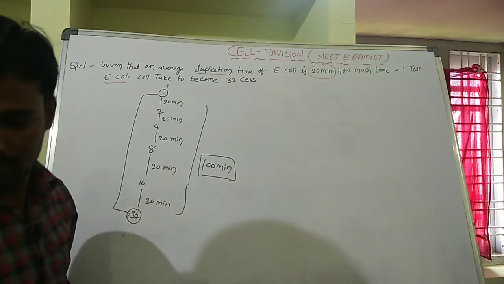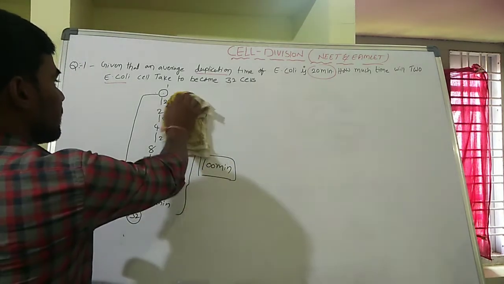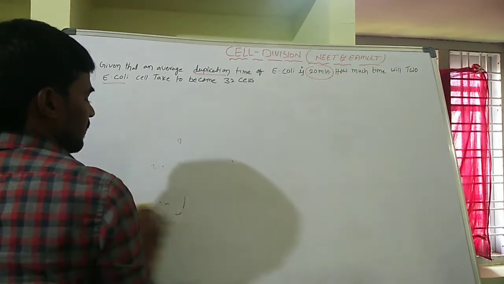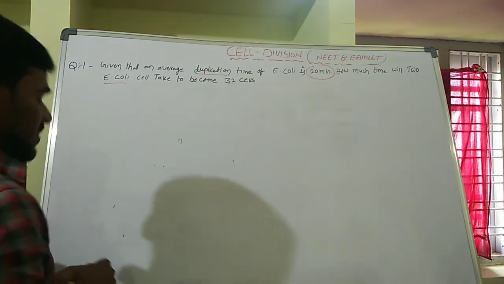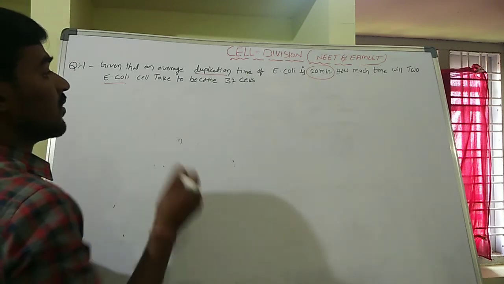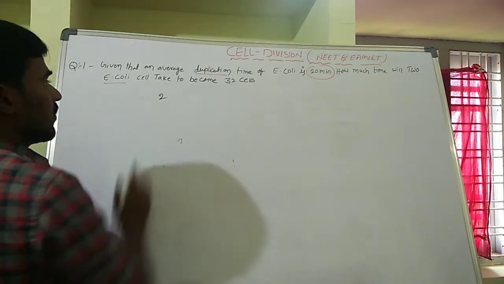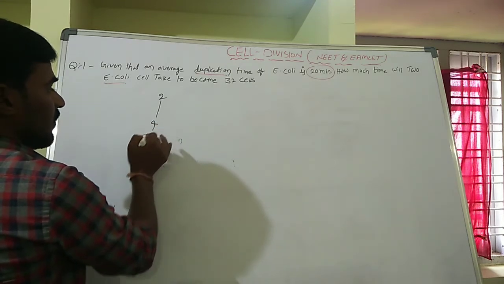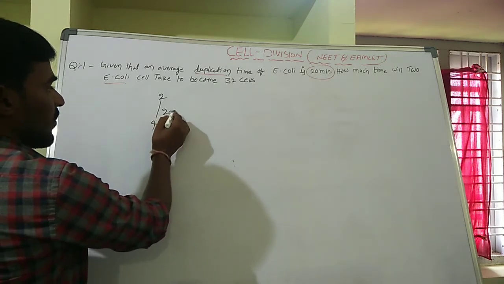Then what is the answer? 2 E. coli cells, for the duplication, 4, in 20 minutes.